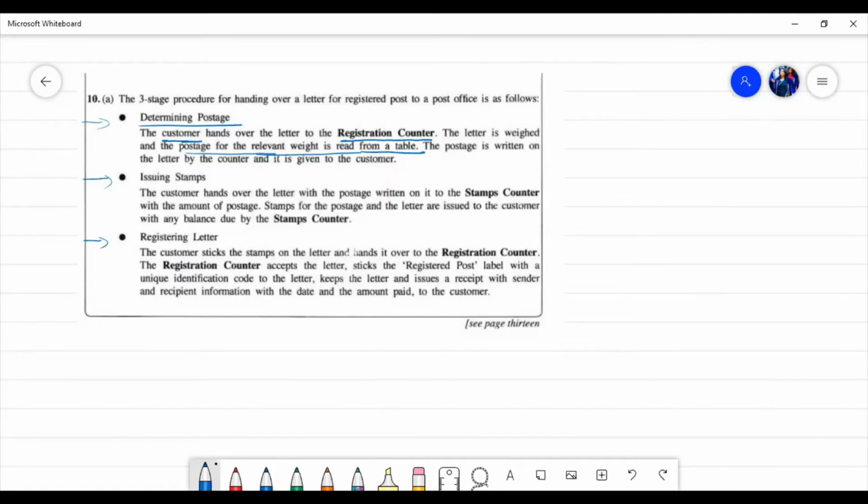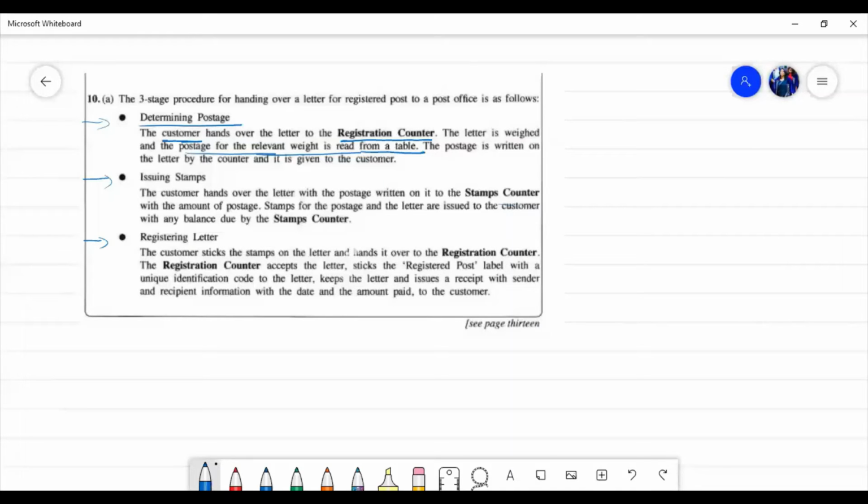Issuing stamps. The customer hands over the letter with the postage written to the stamps counter with the amount of postage. Stamps for the postage and the letter are issued to the customer with any balance due by the stamps counter. Registering letter. The customer sticks the stamp on the letter and hands it over to the registration counter.